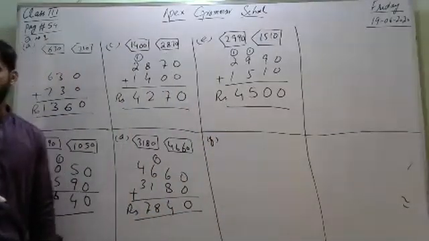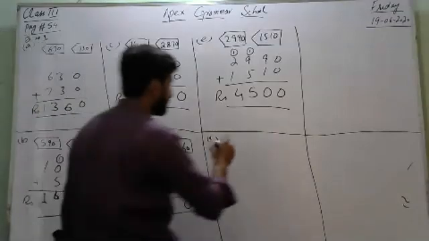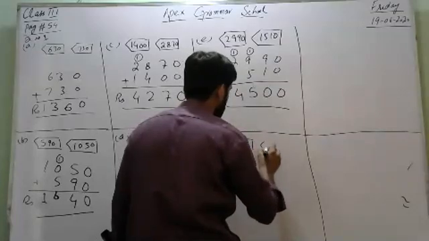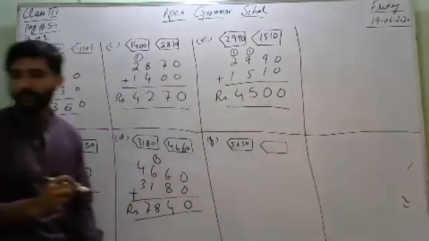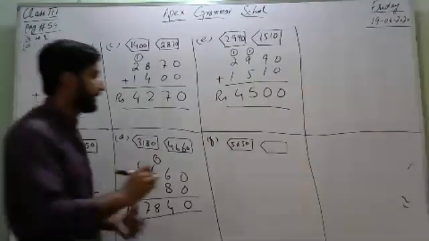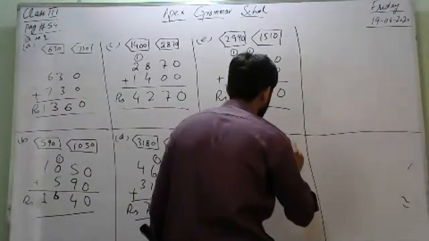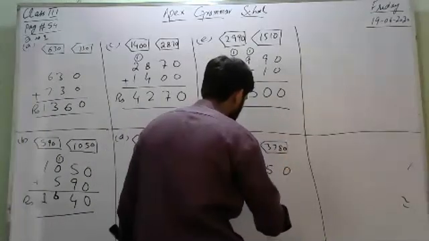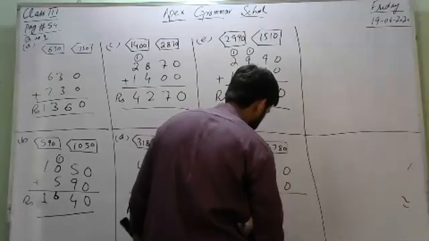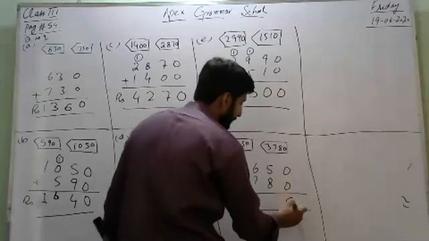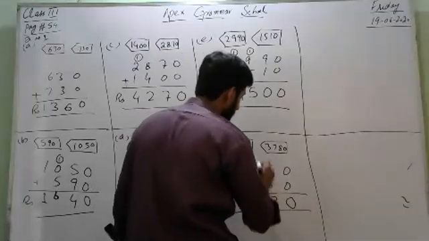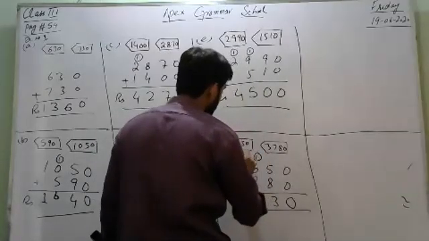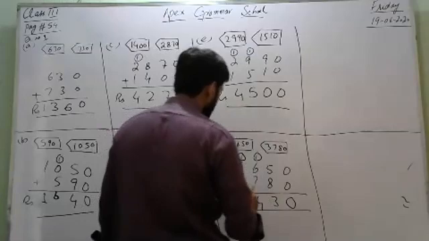Last part of this question is 5650. And the second value of the last part is 3780. 0 plus 0 is 0. 5 plus 8, 13, 3. 1 carry, 6 and 7, 13. 13 and 1, 14, 4. 1 carry, 5 plus 1, 6. 6 and 3, 9.